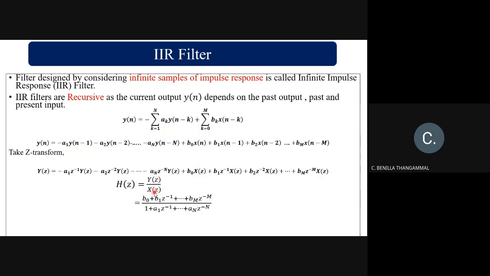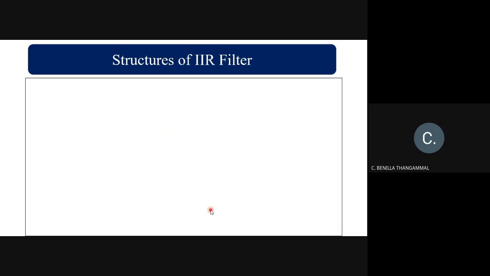So y of z divided by x of z is nothing but b naught plus b1 z inverse, and it goes on up to bm z power minus m, divided by 1 plus a1 z inverse plus, and it goes on, a suffix n z power minus n, where m is the number of zeros and n is the number of poles here.